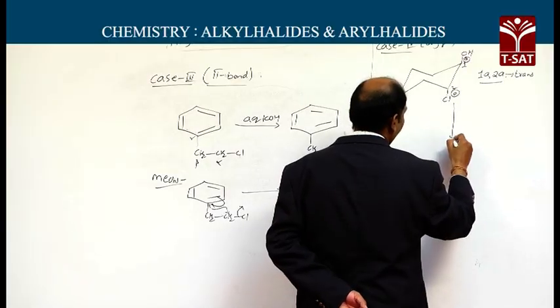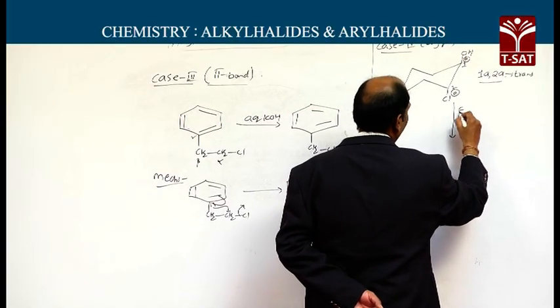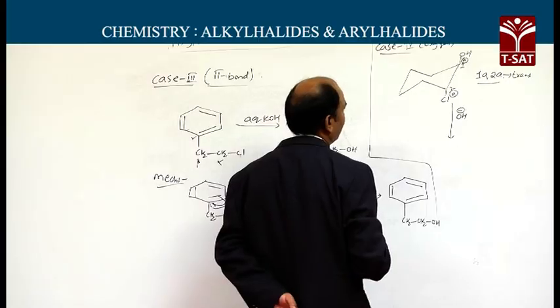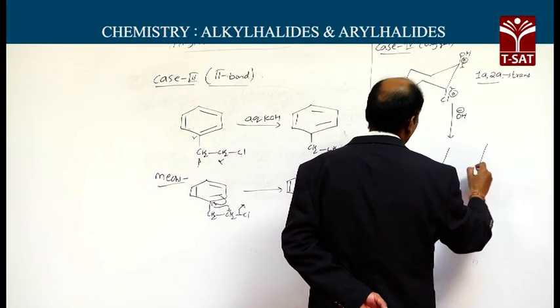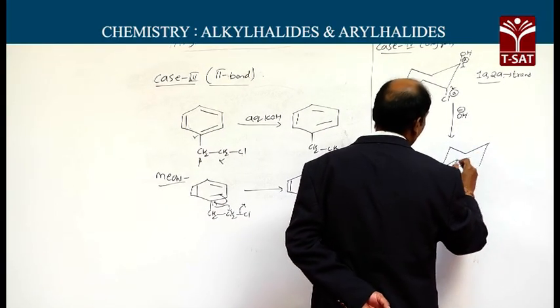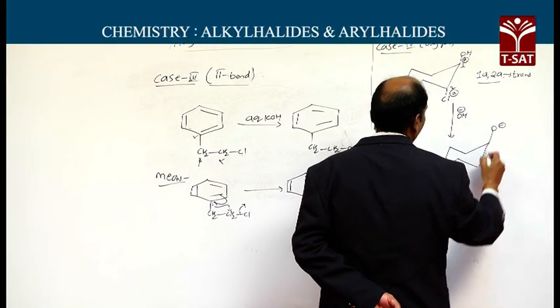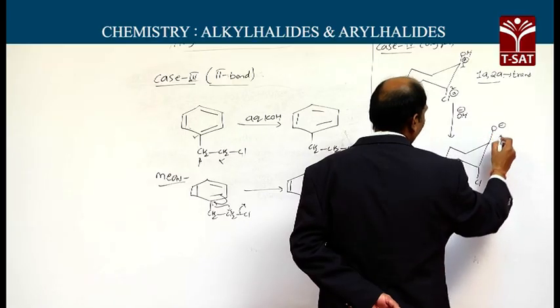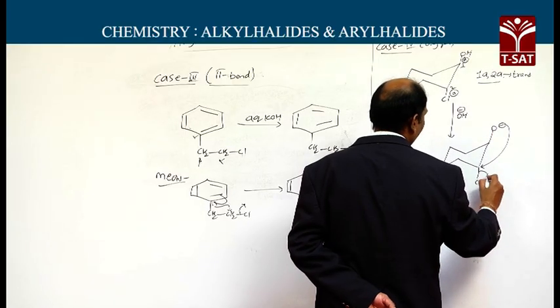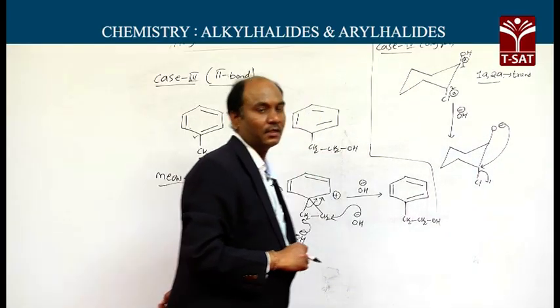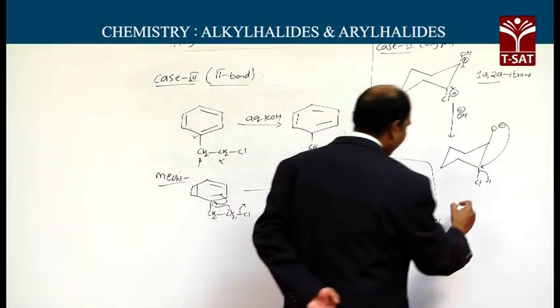If it is treated with OH minus, what happens here? This OH minus is abstracting a proton, giving O minus, and this is Cl. Both are in opposite directions, so an internal nucleophilic substitution reaction, that is neighboring group participation, takes place.